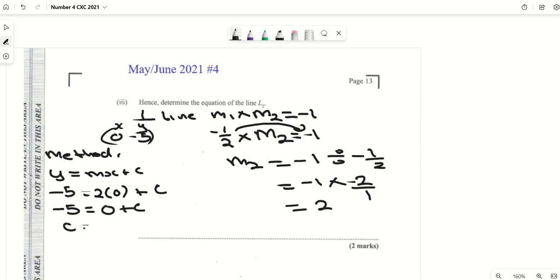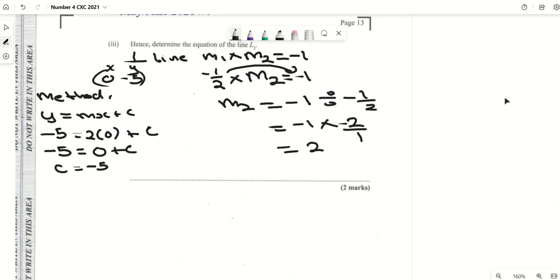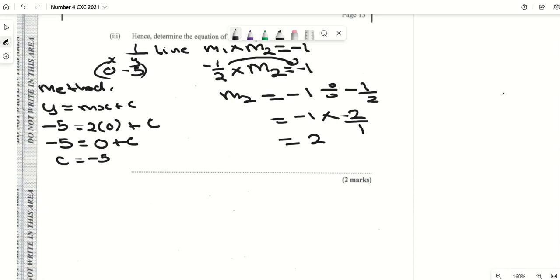So c is equal to minus 5. The equation for this line is y equals 2x minus 5, because c is minus 5. This is your first method to find the equation of a line.